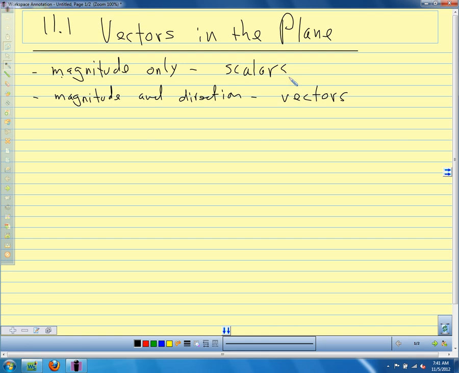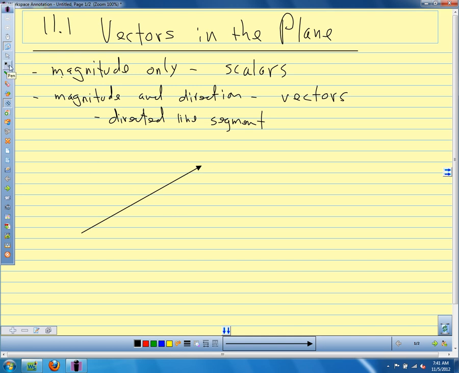So the basic idea of a vector, going back to the very beginning, is that we think of it as a directed line segment. Just a little bit of terminology quickly.